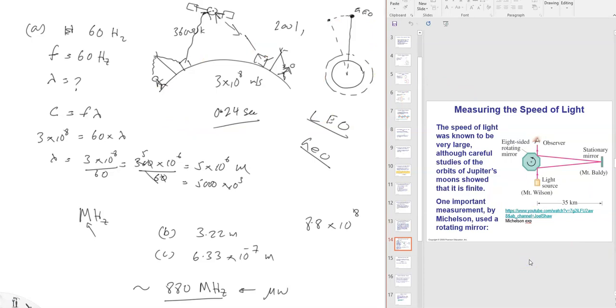Measuring the speed of light. This is a very interesting historical experiment done by Michelson, I think. Albert Michelson, or something like that.